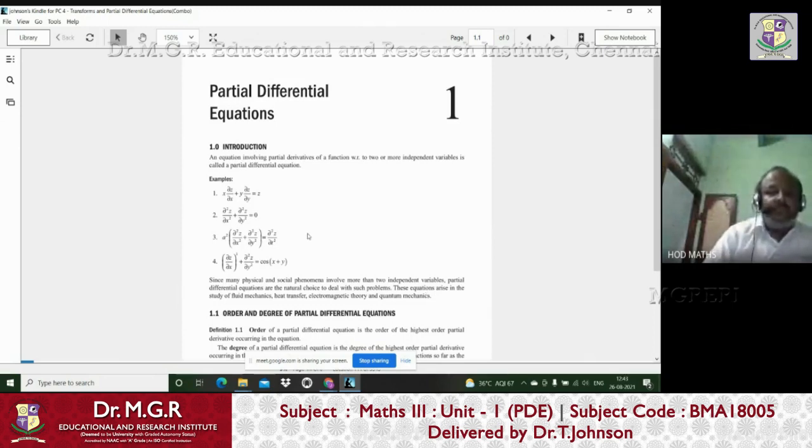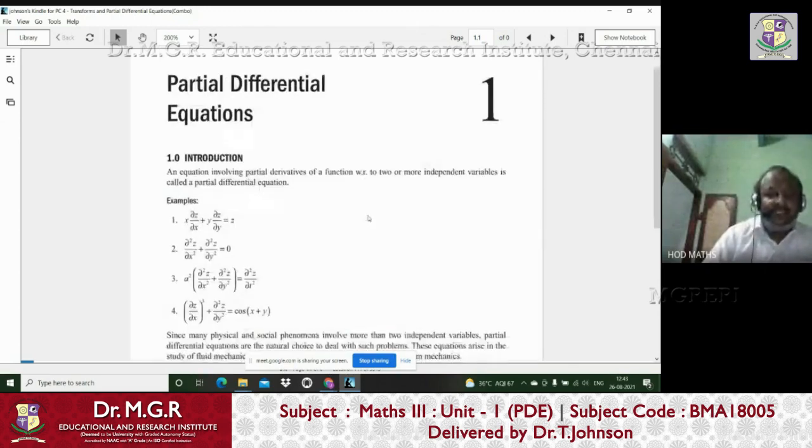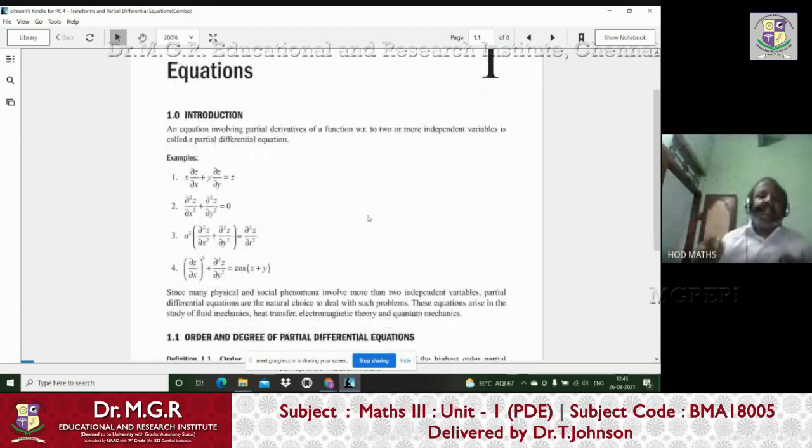So the book also simply puts examples of partial derivatives. They simply tell an equation involving partial derivatives. I think all of you are able to see, right? What they have written: an equation involving partial derivatives of a function with respect to two or more independent variables is called a partial differential equation, right?